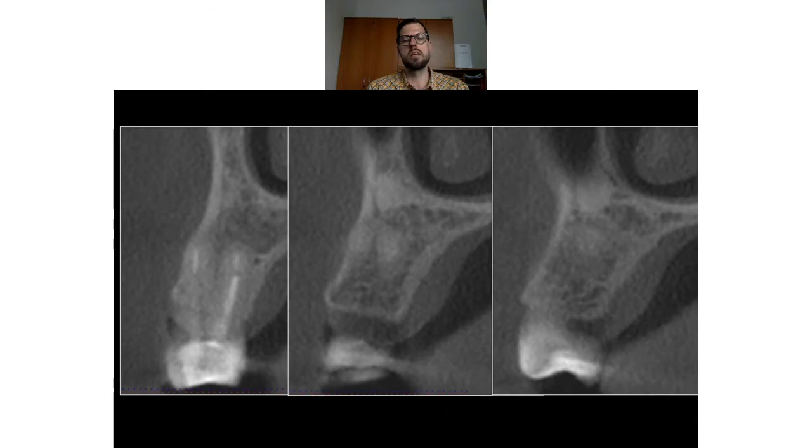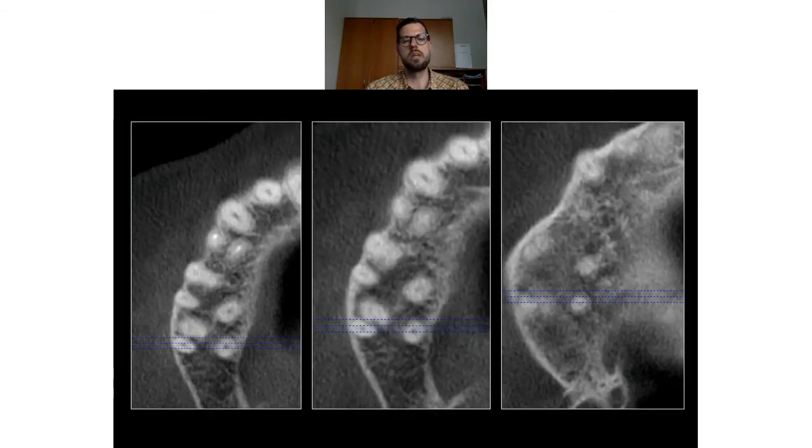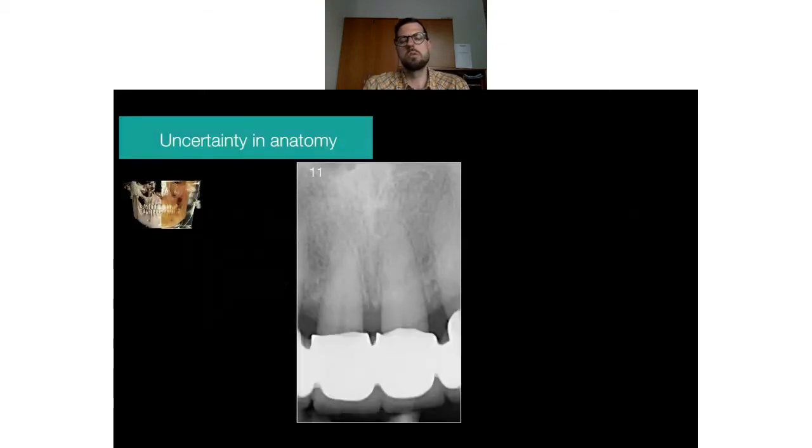So we do the scans. First we see the coronal view. There is no finding. Then we see the axial. Still nothing. So that was the case where we leave the tooth like this, and we are not doing the re-endo.